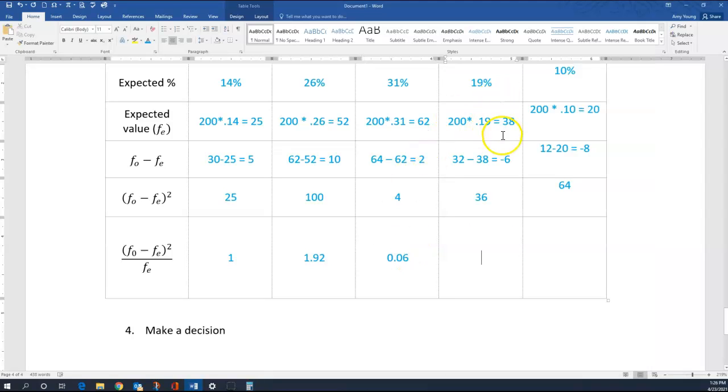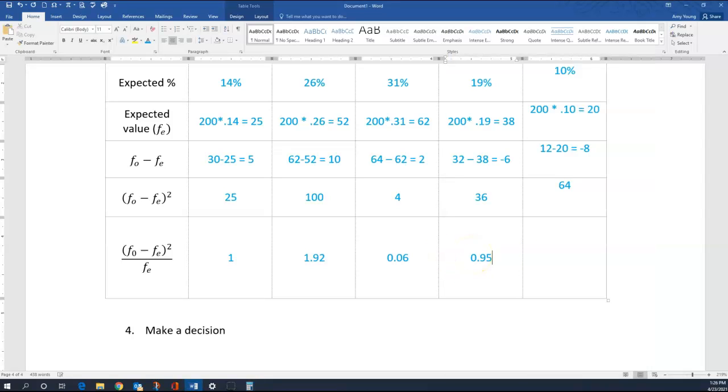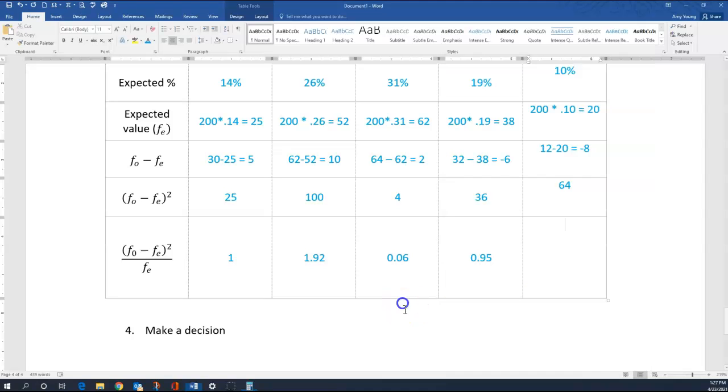And then we've got 36 divided by 38. That gives us 0.95. And the last one, we have 64 divided by 20. So 64 divided by 20 gives us 3.2.